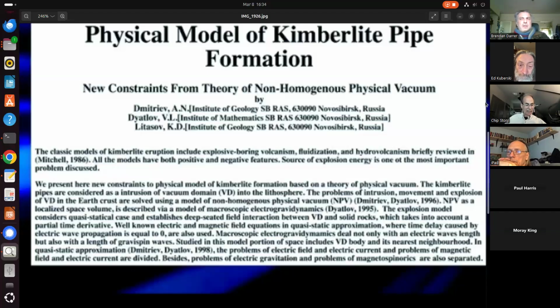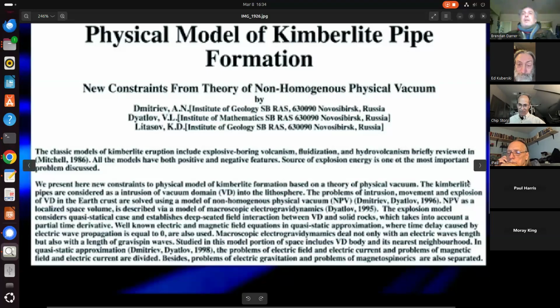In the quasi-static approximation, the problems of electric field and electric current and problems of magnetic field and electric current are divided. Besides, problems of electric gravitation and problems of magnetospinorics are also supported. Yeah, spinners, yeah.